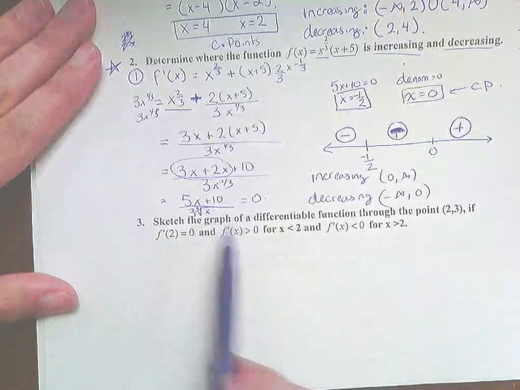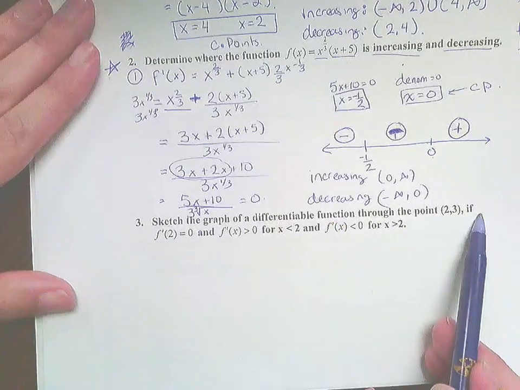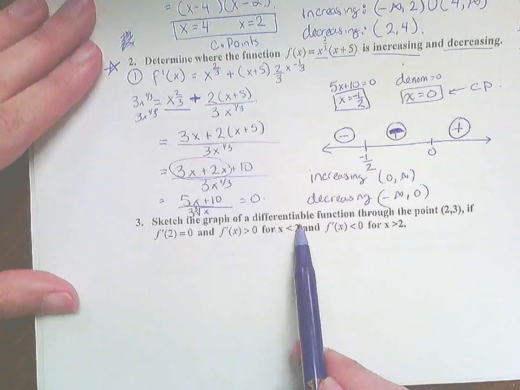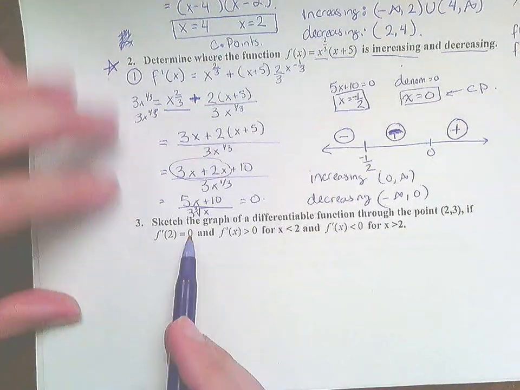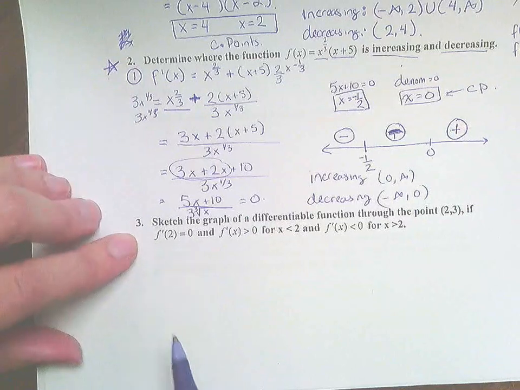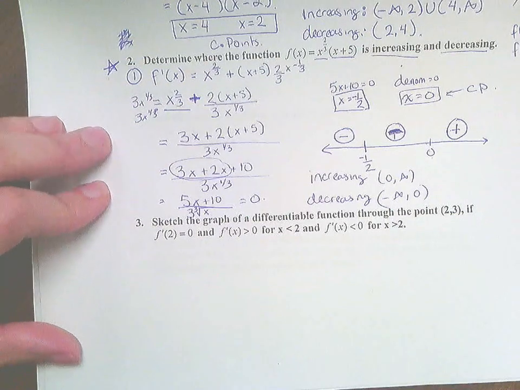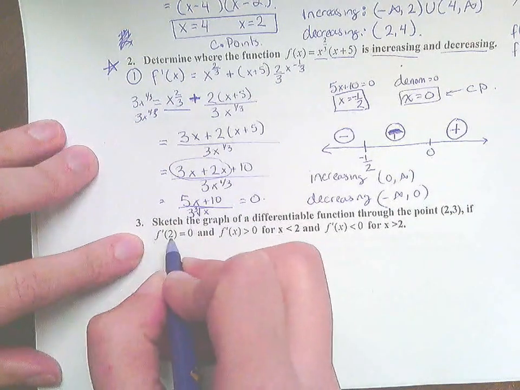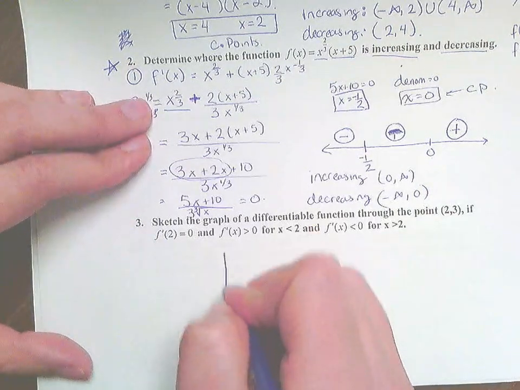We're going to sketch the graph of a differentiable function through the point 2, 3. So the graph is going through 2, 3. It's differentiable, which means that it's continuous, and there aren't any cusps, corners, or asymptotes. They tell us that the derivative at 2 is 0. So basically what you're doing is drawing the graph.